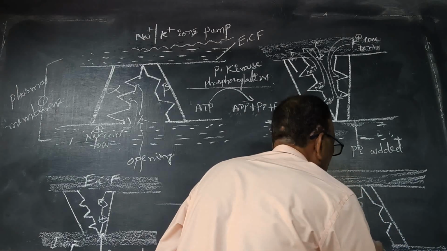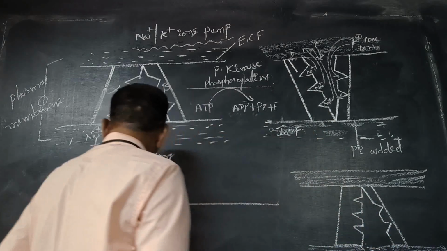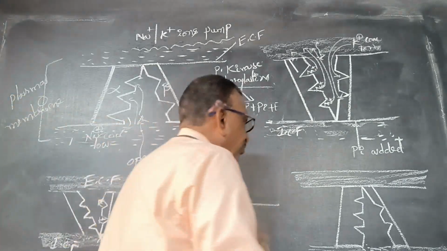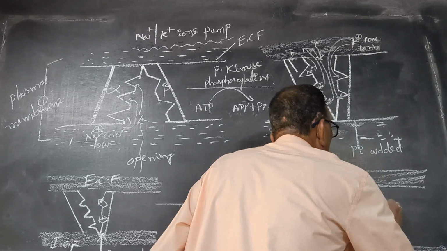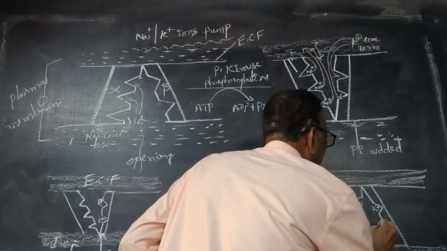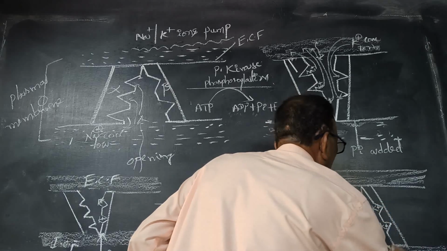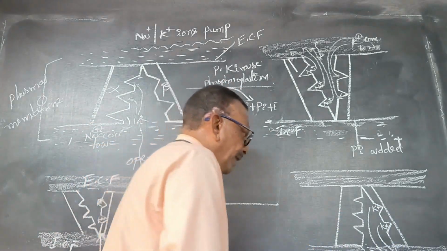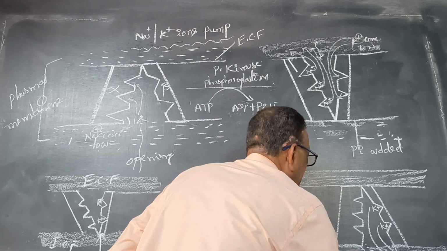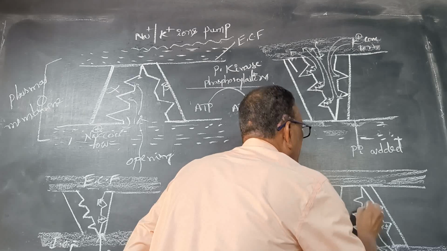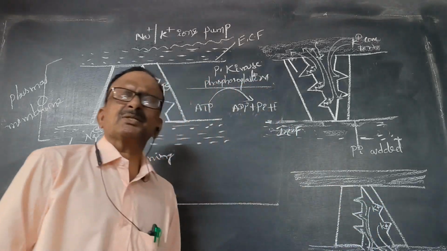Now, why? Because inorganic phosphate is removed. So potassium ions that are present here will enter into intracellular fluid. At the same time, what happens? Sodium ions, once again, will start moving into their alpha unit sites.